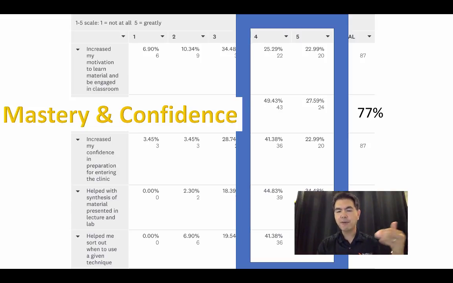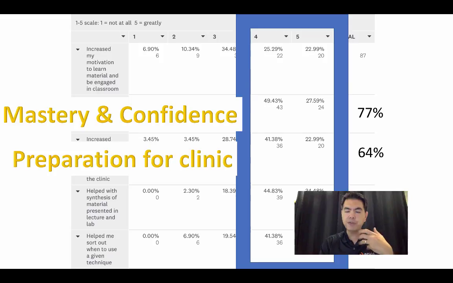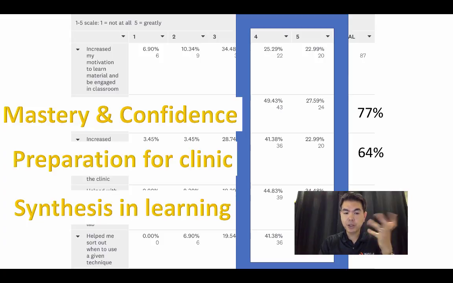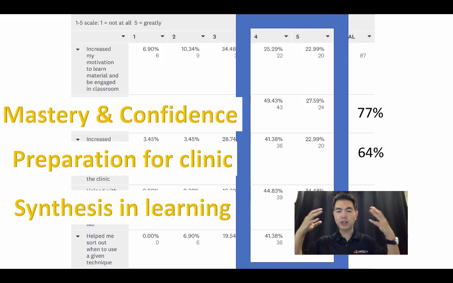I could look at it from different perspectives, and I'll show you glimpses of how we think this happens. But yes, mastery and confidence, preparation for the clinic, 64% said it greatly or largely helped. Synthesis and learning, this higher level of learning, 80% of the students are saying this helps me to take my learning to a higher level, to connect the dots.